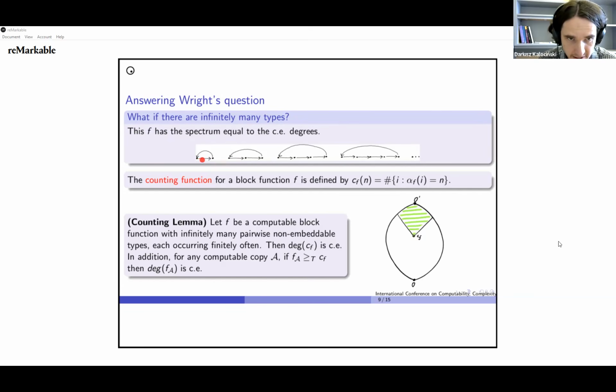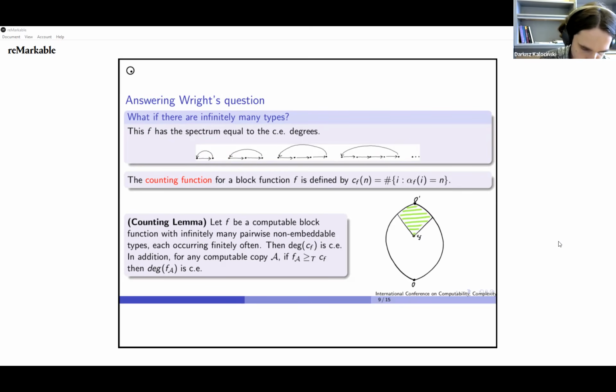It's a cycle of length 1, then a cycle of length 2 and 3 and 4 and so on. Each length of the cycle appears precisely once, and you can easily show that the degree spectrum of such a function is equal to precisely all c degrees.